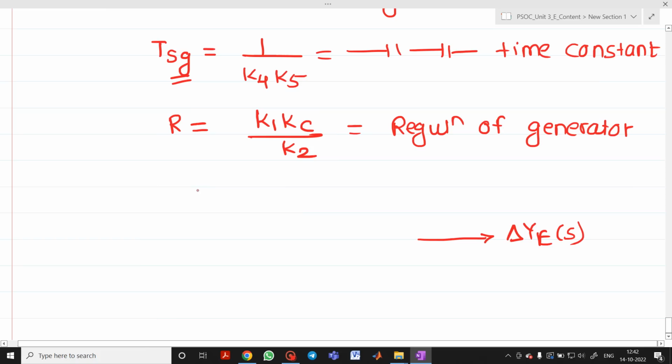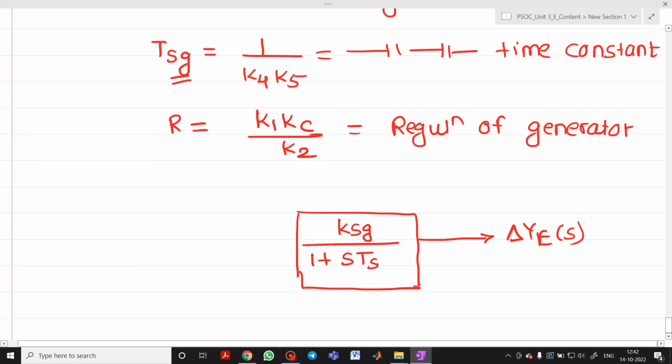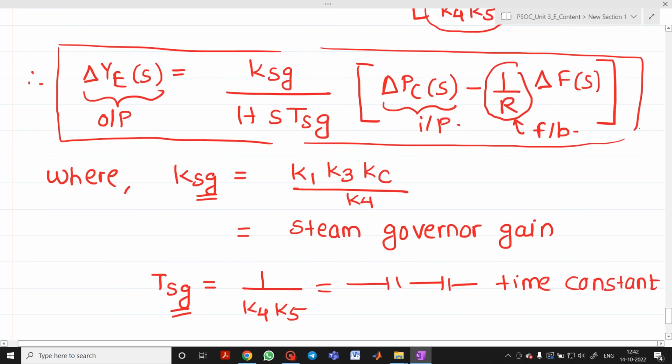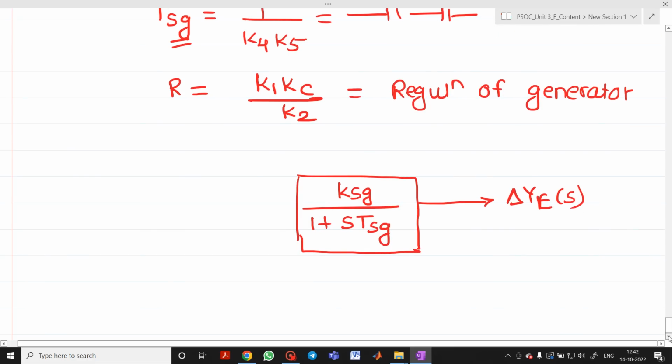Let me draw, because it will be a multiplication. So how can I draw this in a block diagram? It will be KSG upon 1 plus S into TSG. And what is to be there here? Delta PC of S, which is plus, so I have to take a summing block here. The output will be here.